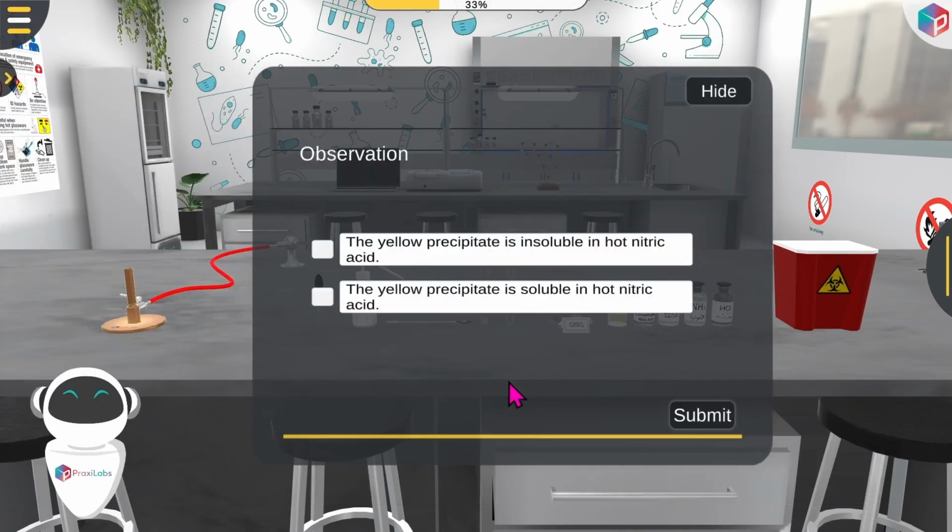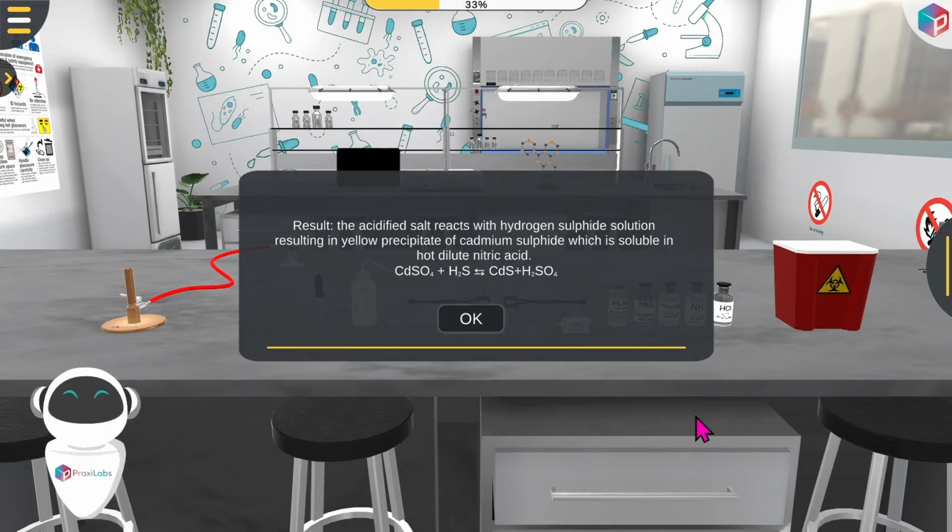Observation: the yellow precipitate is soluble in hot nitric acid. Result: the acidified salt reacts with hydrogen sulfide solution, resulting in yellow precipitate of cadmium sulfide, which is soluble in hot dilute nitric acid.